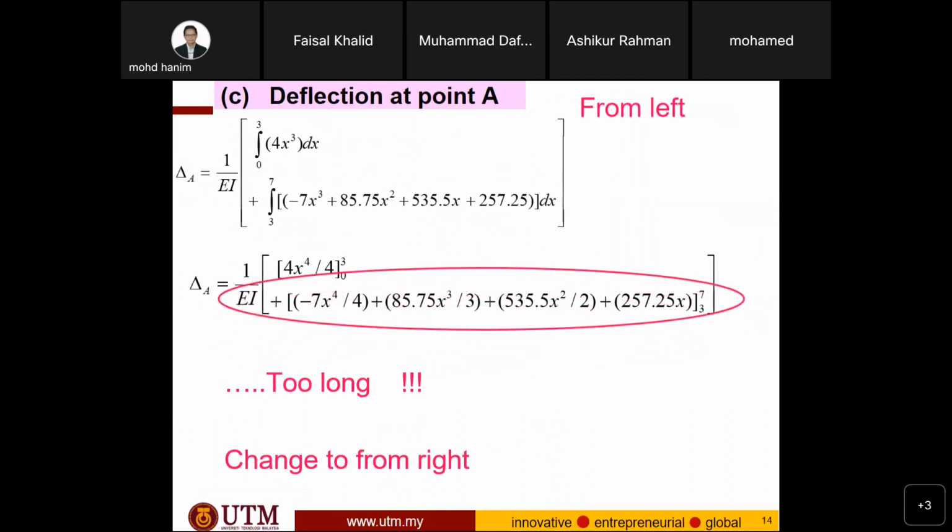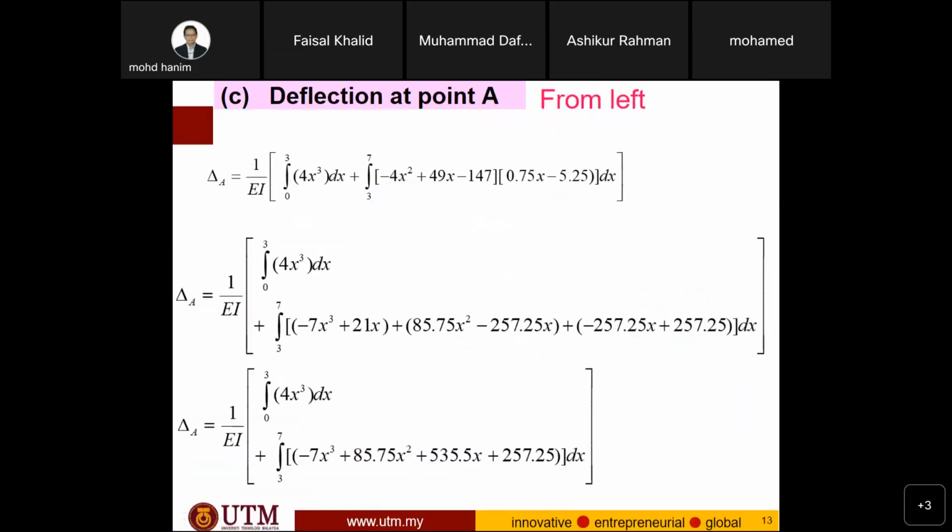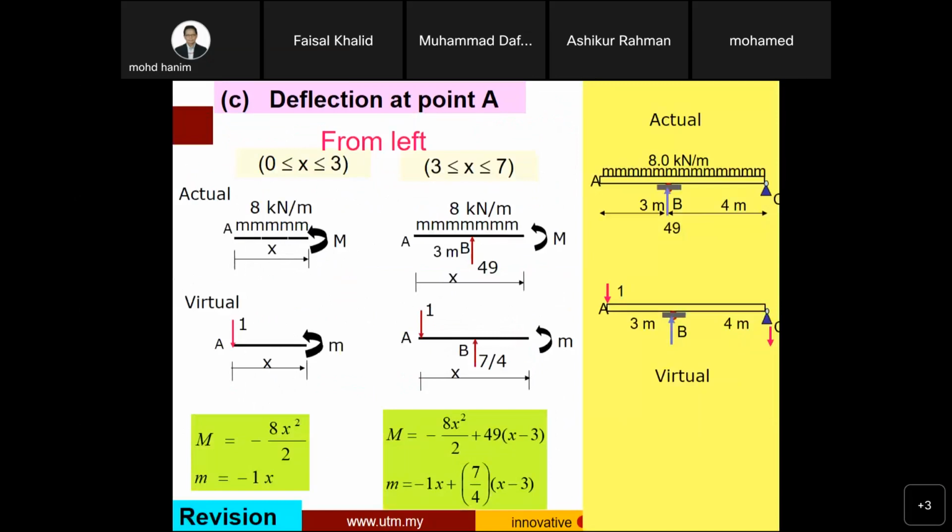Very long. You are fortunate, it is given here from the right. So if you go from the right, this is the formula. What is the difference? M equals minus 8x squared over 2. Yes, similar.